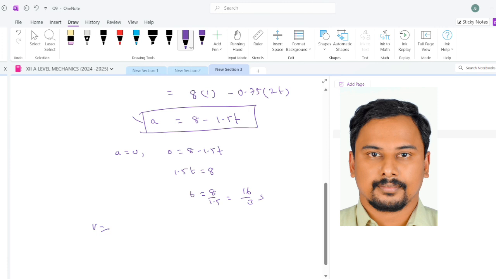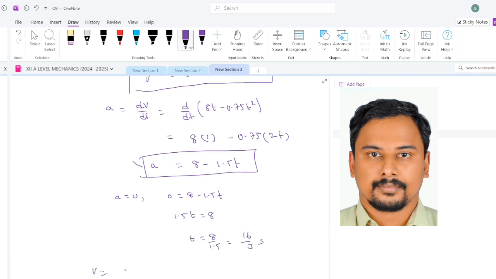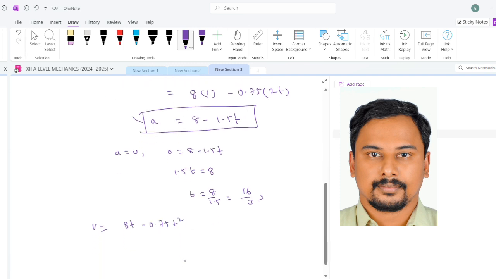What is the velocity function we got here? 8t minus 0.75t squared. Now substitute this value in that equation.